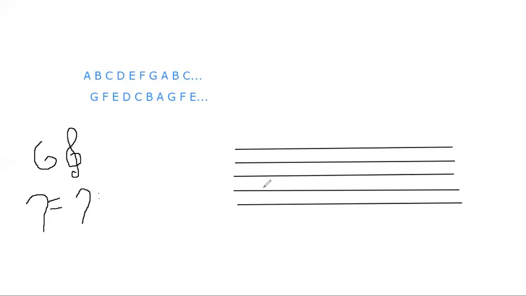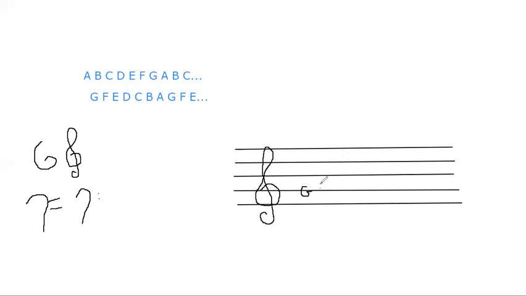The G clef, or the treble clef, shows you where G goes on the staff. So I'm going to draw a treble clef here. The circle goes around the letter G. So I'm going to write G here. And then, since G is on the second line, I'm going to put line, space, and I'm going to go forwards through the musical alphabet when I go up, and backwards through the musical alphabet when I go down.